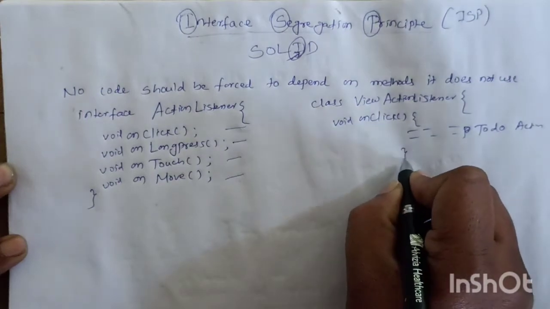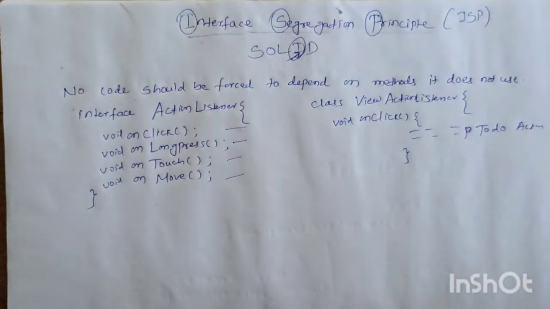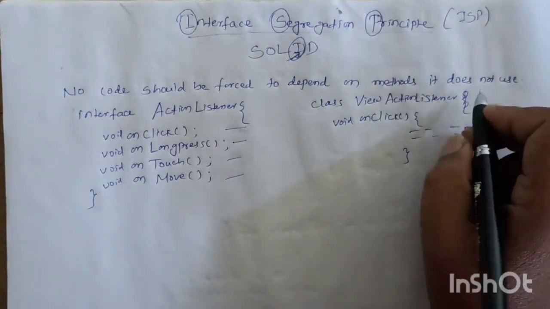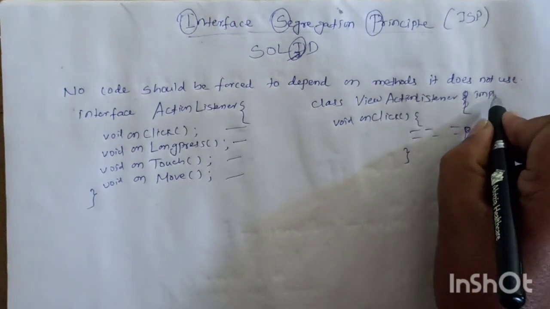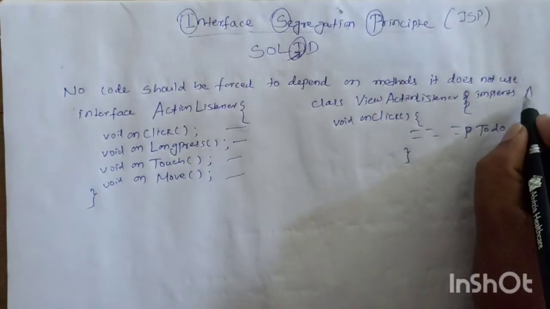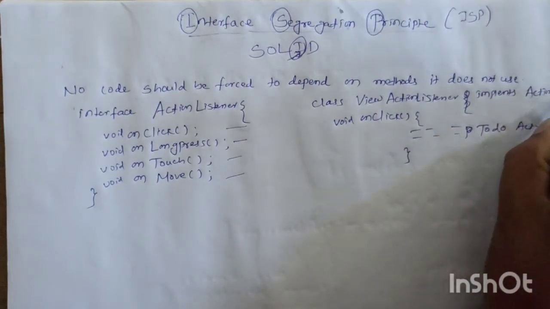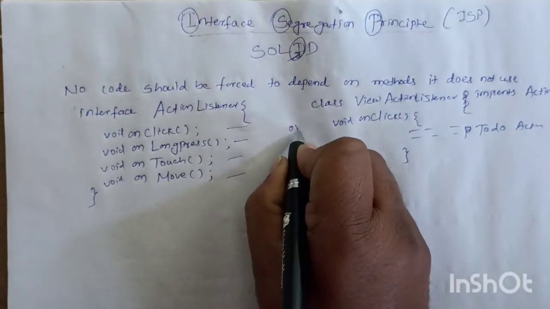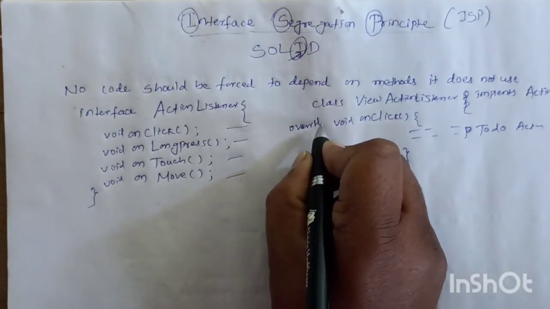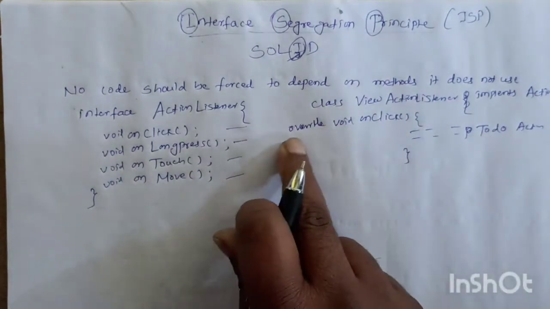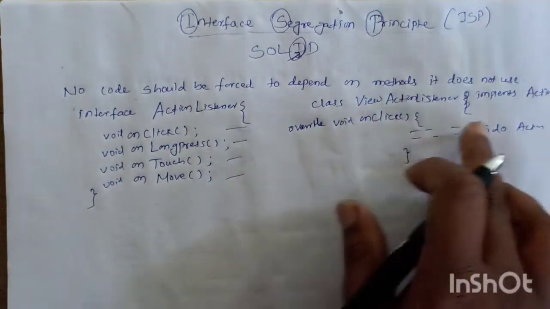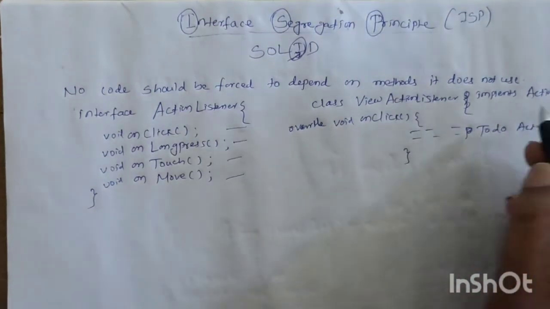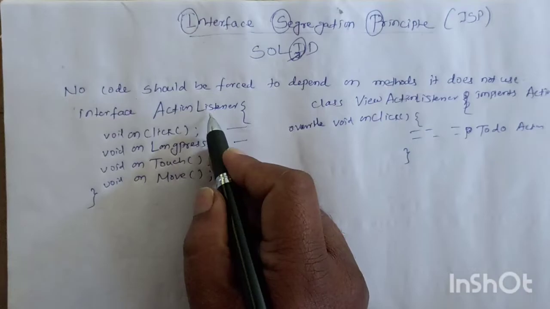Now this ViewActionListener implements ActionListener, and this method will be an override, because we are saying that we will implement the onClick method of the ActionListener interface.